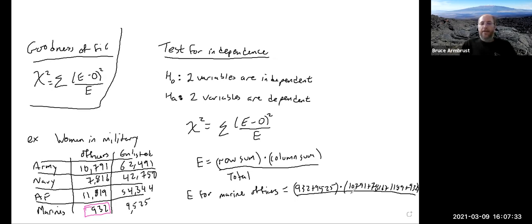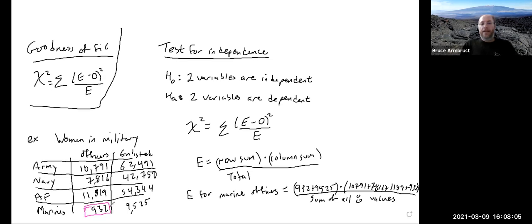And then we'd have to divide that by the total of all 8 of these numbers. So I'm going to write sum of all 8 values because I'm too lazy to try to write them out, plus I don't have enough space. So this calculation would give us the expected number in this box.